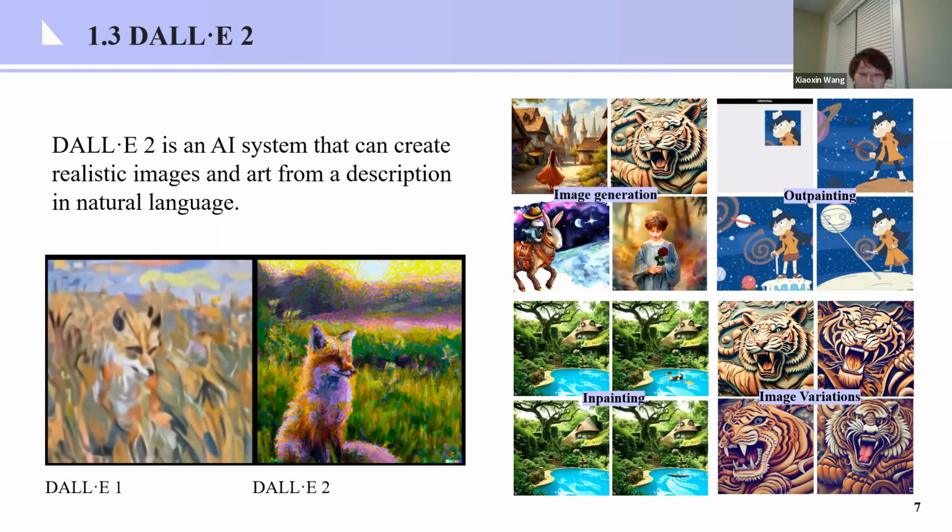DALL-E 2 can expand the image beyond what's in the original canvas, creating expansive new compositions, and fill in part of an image with AI-generated imagery that blends seamlessly with the original, which is called inpainting.